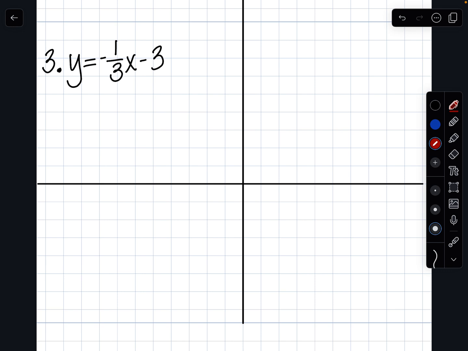Okay, so if my y-intercept is -3, where are you putting that point? Down 3. Okay, so we go down 1, 2, 3, put our point.